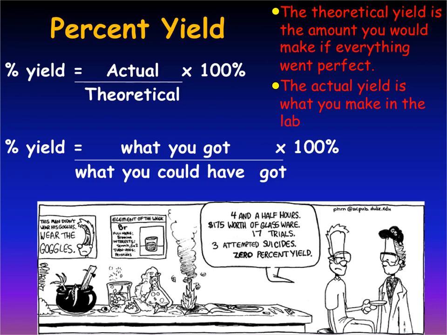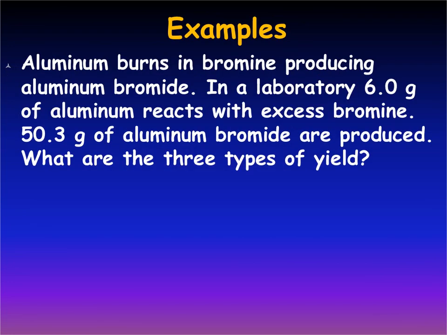The theoretical yield is the amount that you could get if everything went perfect. So it's what we calculate. The actual yield is what happens in real life, which we actually get in lab. All right, so we're going to calculate a little bit. This one is an example problem talking about aluminum and bromine, and it's producing aluminum bromide.